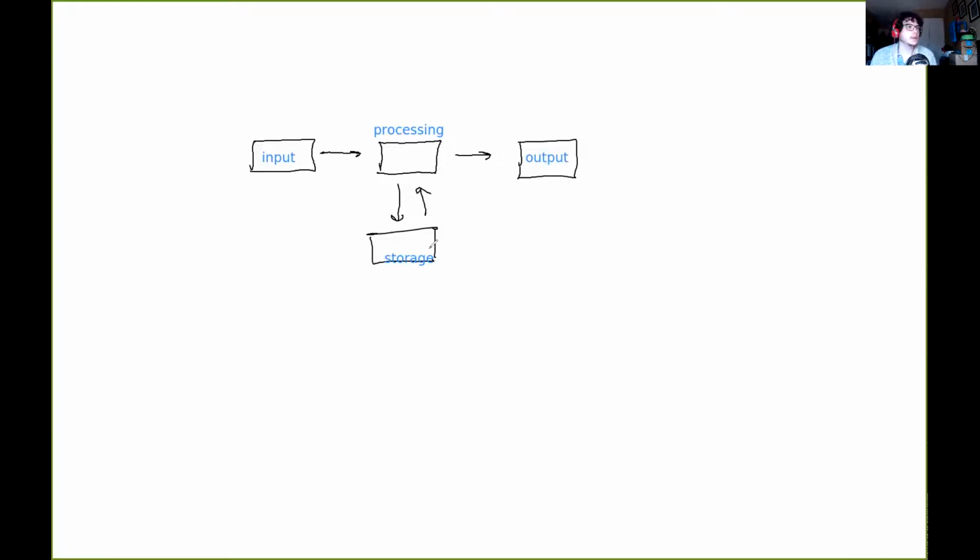Okay. So once again, you have input, processing, output, and storage. We started talking about storage, but I didn't actually give you a definition. So when it comes to memory, we have a few definitions we can work from. Anybody care to suggest a definition for memory?